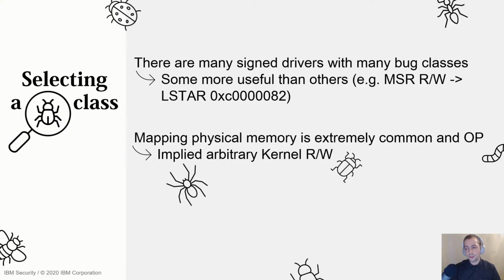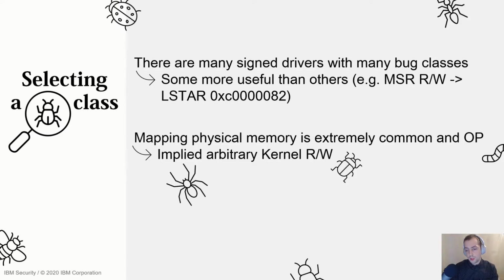Like you need to do kernel stack spraying and manage how threads are being used. It's just bothersome, right? So the key point is, if we want to use these third-party drivers, we need to find a bug class which is common and which gives us a powerful exploitation primitive that we can use.